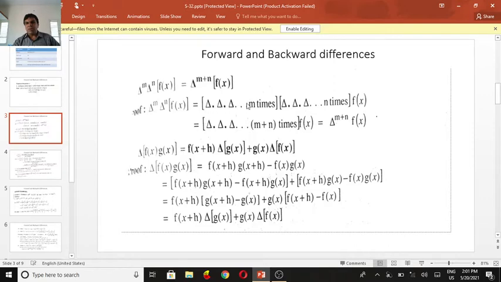So if we take the product, del applied m plus n times to f of x. So certainly we can write del power m plus n of f of x. So this is true.